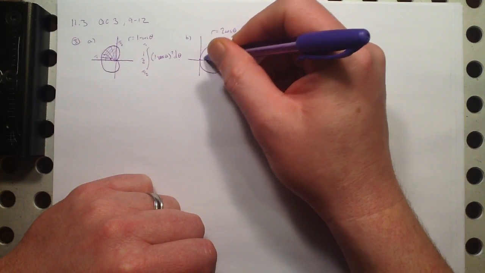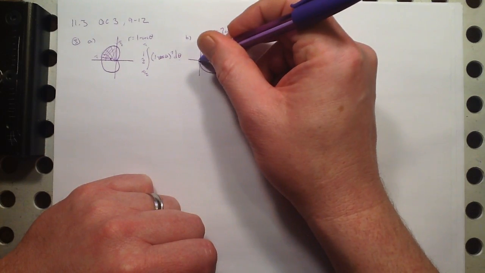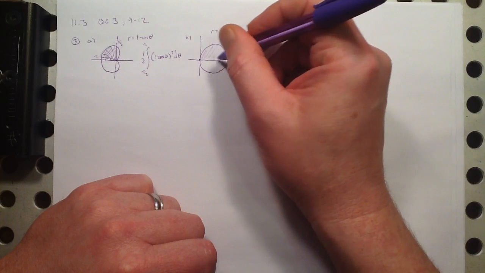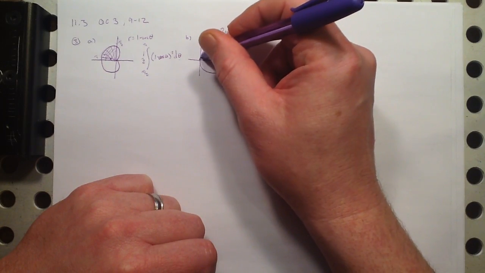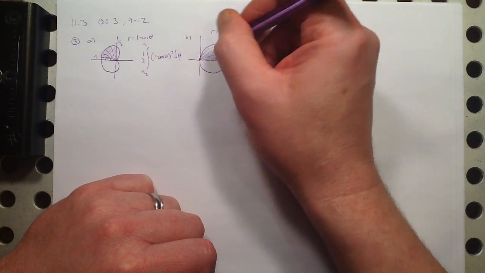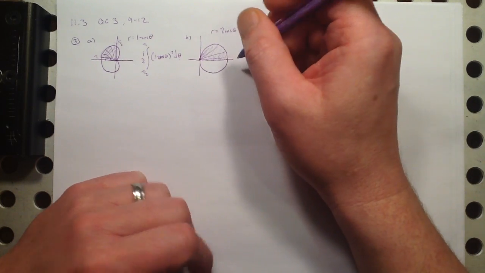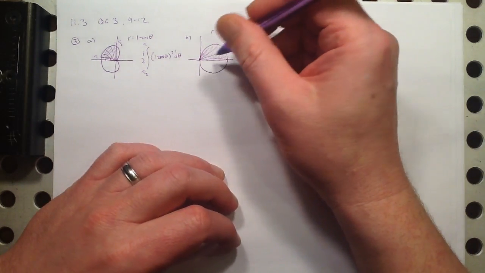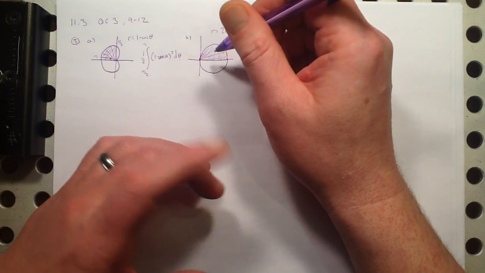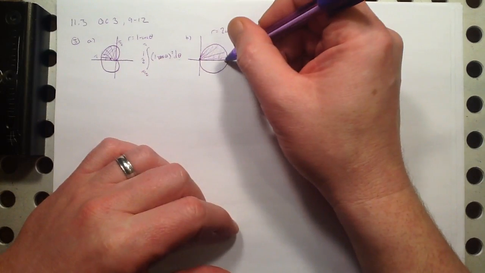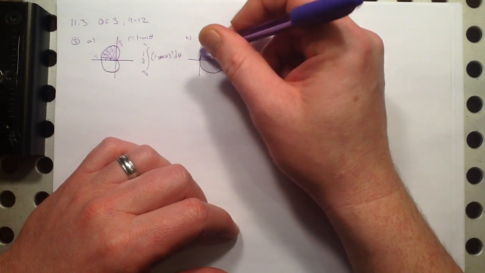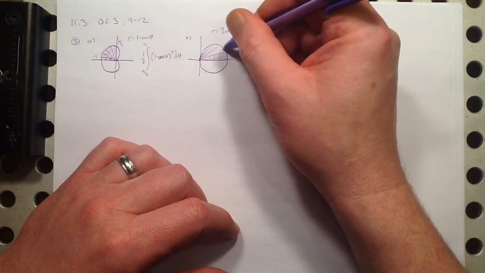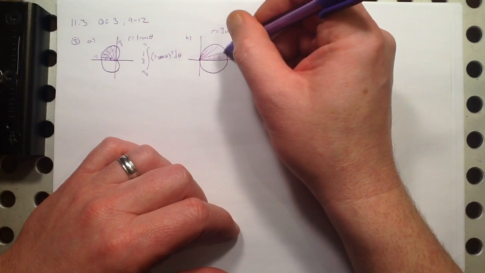And they have this top half shaded, so that's looking from 0 all the way till we get to pi over 2. Sometimes you can just look and say, well, that's first quadrant, so it's got to be 0 to pi over 2, but you have to be careful because sometimes things can get back to the origin before they get to pi over 2. Here we know that is the case.